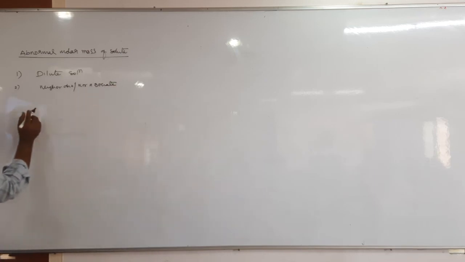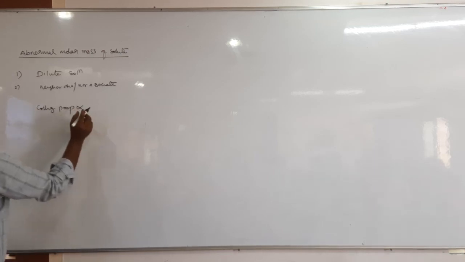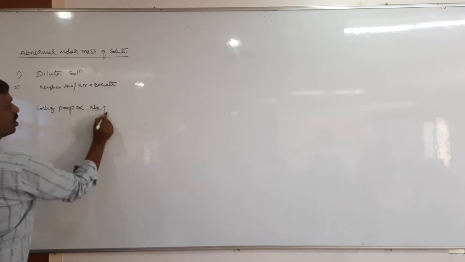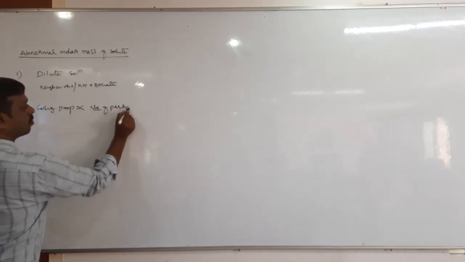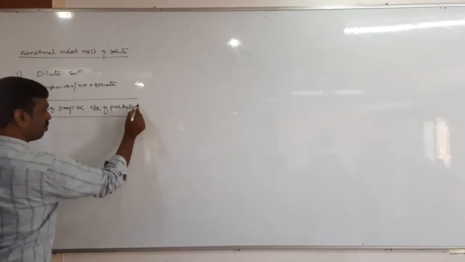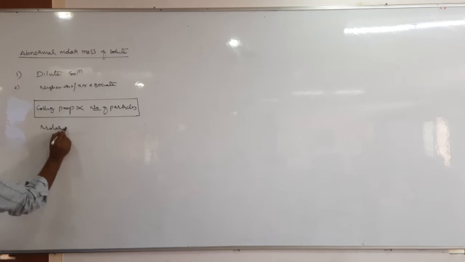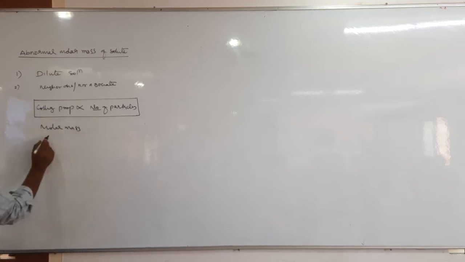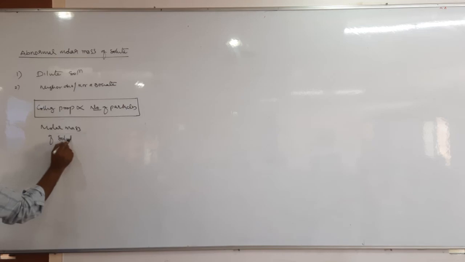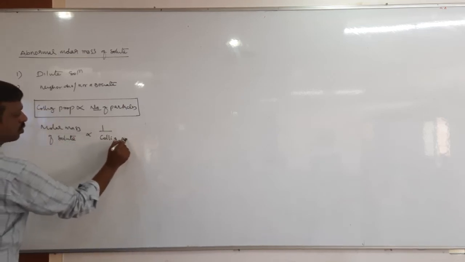How? We know that colligative properties are directly proportional to the number of particles. As the number of particles changes, the colligative property changes, and the molar mass of the solute is inversely proportional to the colligative properties.